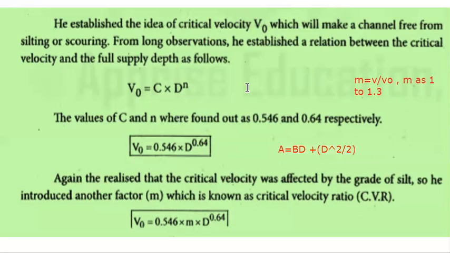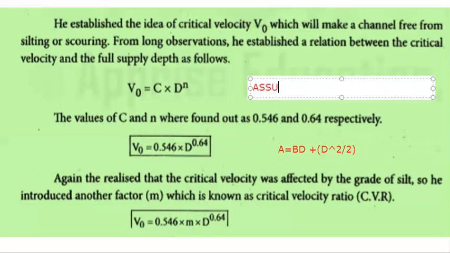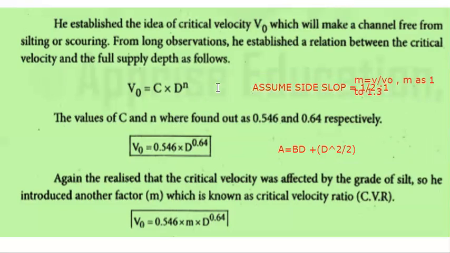So side slope as half is to 1. And it is said to calculate the base width of the channel from the area, A is equal to BD plus D square by 2. And now you can find the wetted perimeter. So how will you find the wetted perimeter? I hope you remember.